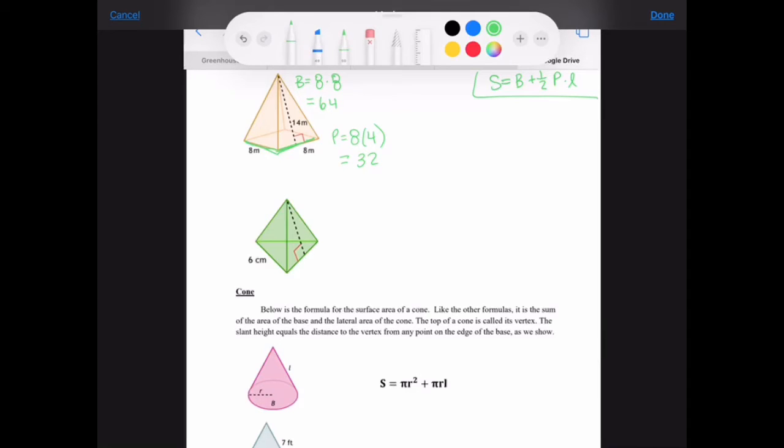We plug that all in, and our slant height here we have is 14. Plug that all in, surface area equals 64 plus 1/2 times 32 times 14. And this gives us 288 meters squared. Remember, all of our units here will be squared because we are talking about area, right?